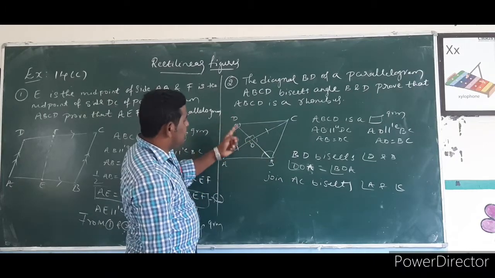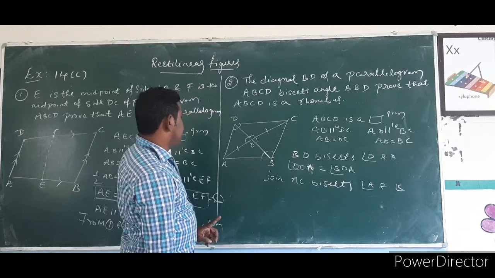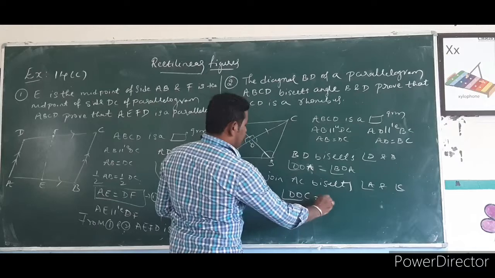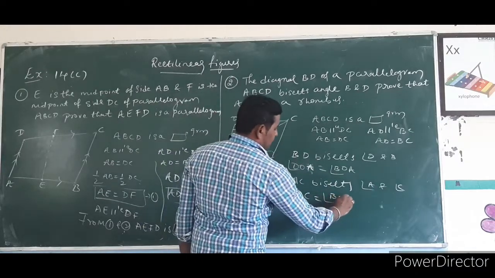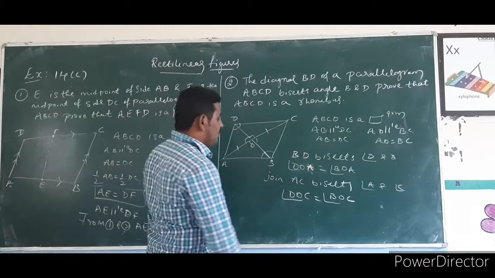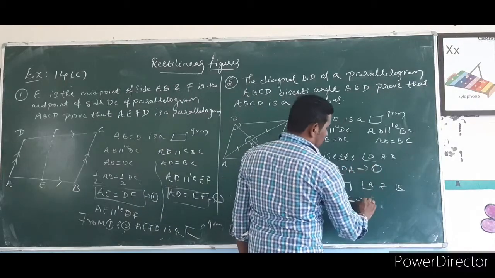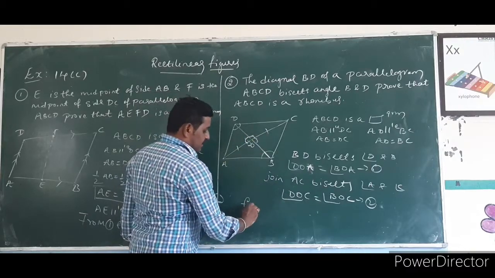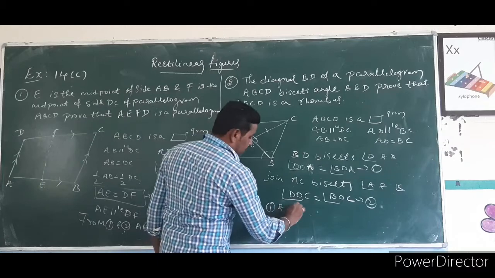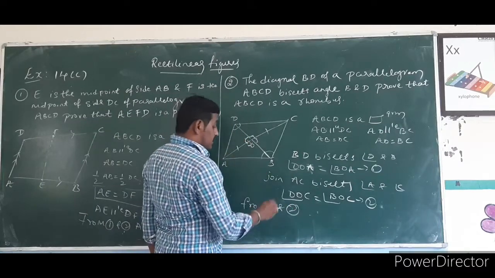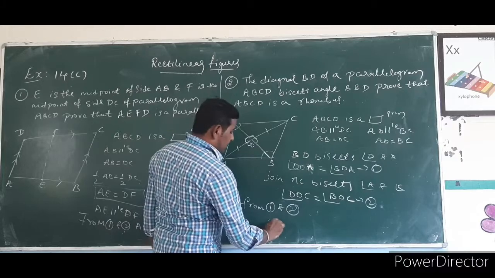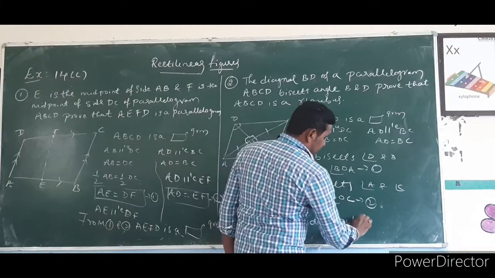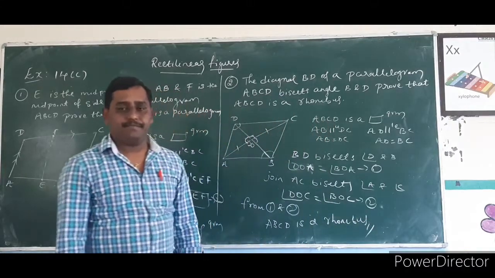Next, DOC equal to BOC. So from 1 and 2, all the angles are equal. Bisected angles are equal. From 1 and 2, given ABCD is a rhombus, we can easily solve the problem.